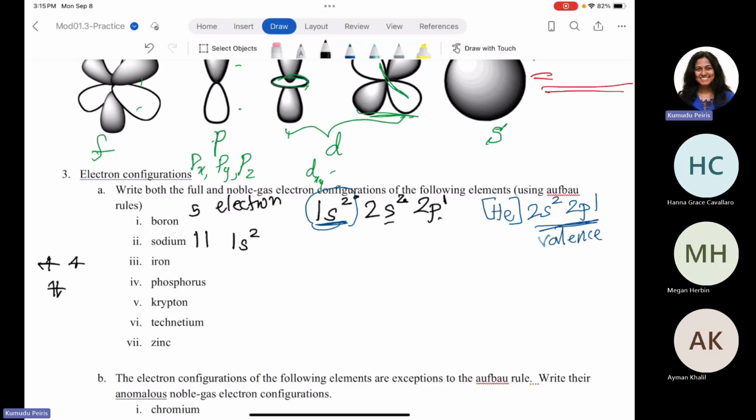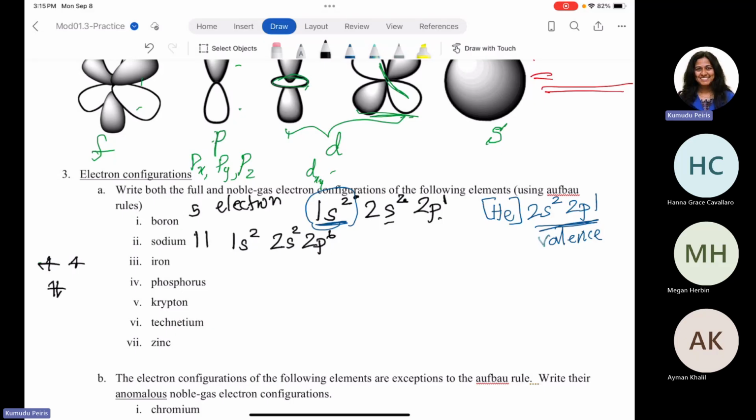We'll move to the second energy level, 2s and 2p. The maximum that can go to the s is again 2, and the maximum that can go to the p orbitals is 6 electrons. 2 plus 2 is 4, and here is 6. 4 plus 6 equals 10. And how many are left? Just one electron.